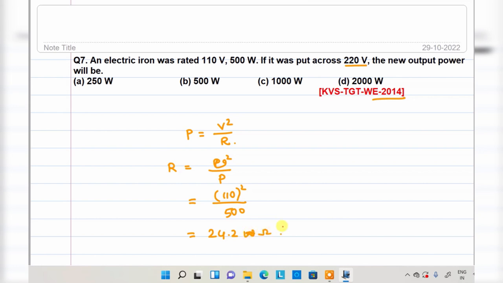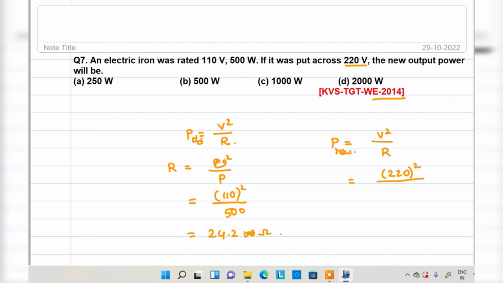Is it okay? So first you find the resistance. What they are asking: if it is across 220 volts, what is the new power? The new power P is again V square by R, but this time the voltage changes to 220 volts. The iron is manufactured with some winding, maybe copper or iron, whatever it may be.